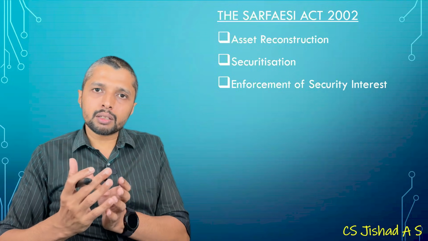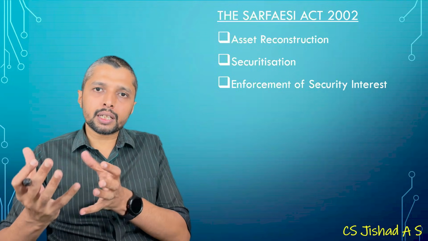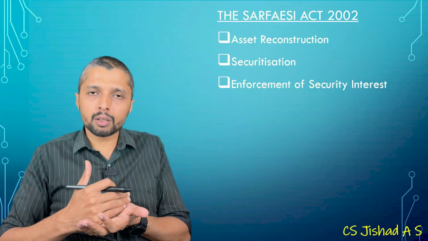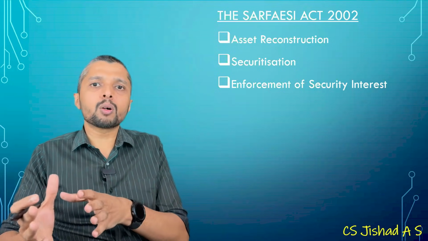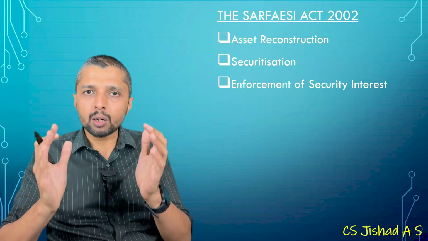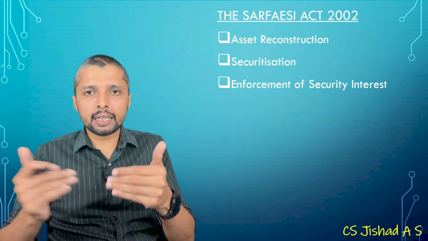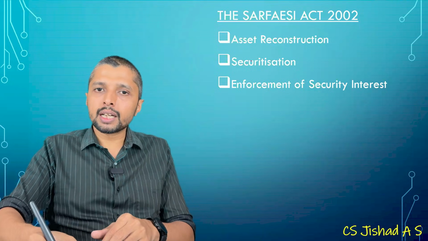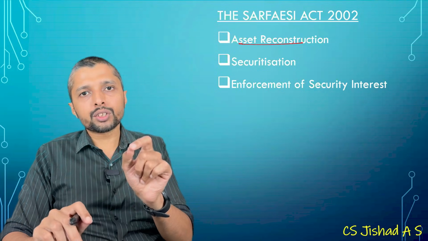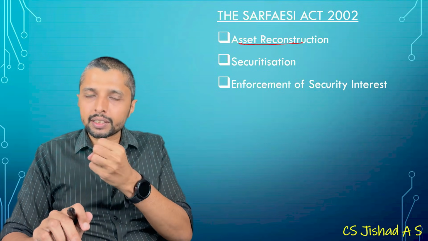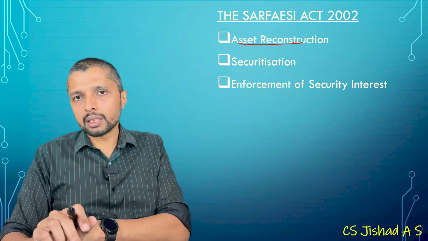Okay, what ARC will do is take that debt, financial asset or receivable, from the bank, and they will pay the bank. They'll pay off the entire amount to the bank. Now the dealing is between the borrower and the asset reconstruction company. This is asset reconstruction, the acquisition of debt or financial asset by an asset reconstruction company from the bank.